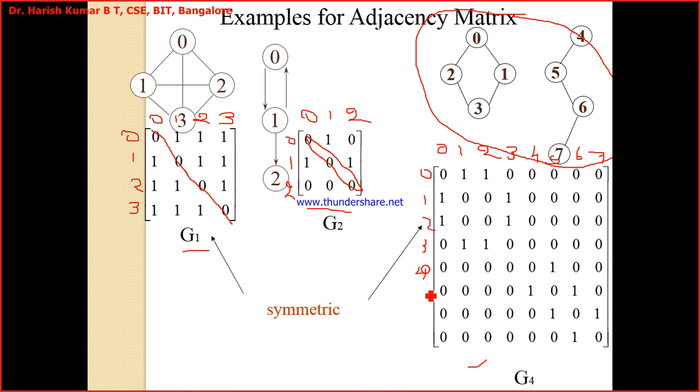Now 0 to 0, there is no self loop or self edge, so 0. 0 to 1, there exists an edge, so it is represented as 1. 0 to 2, again there exists an edge, represented as 1. 0 to 3, there is no direct path, so it is represented as 0. 0 to 4, they are totally disconnected, so there is no path, and 0 to 5, 6, 7 are also zeros.